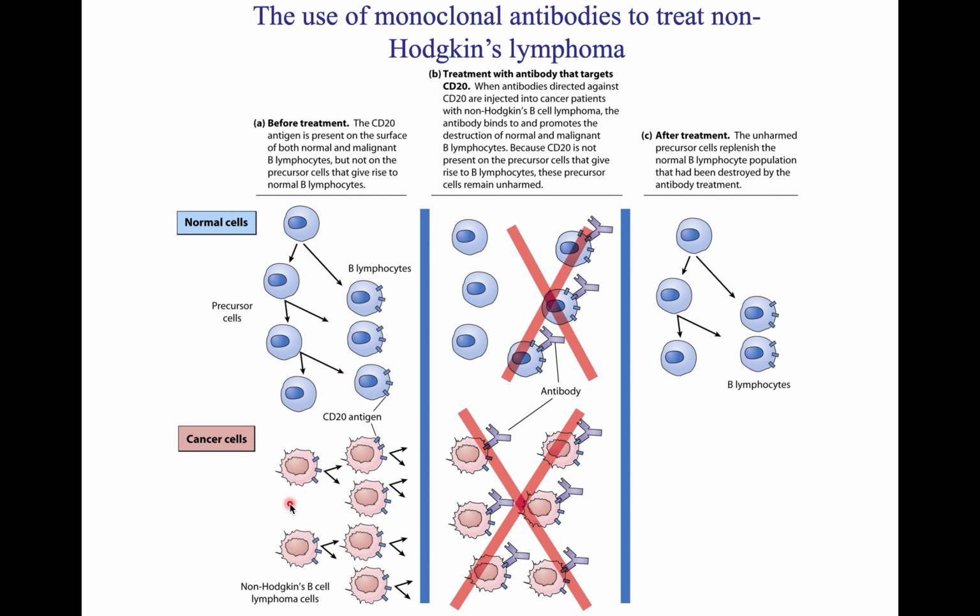But in somebody with non-Hodgkin's B cell lymphoma, all the cancer cells have that particular antigen. So the idea is you treat with the antibody, which is hopefully going to bind to and target for destruction all the cancer cells. It will also wipe out all those mature B lymphocytes, but because the precursor cells don't contain that antigen, they're left alone, and they can then give rise to a second wave of hopefully healthy B lymphocytes.